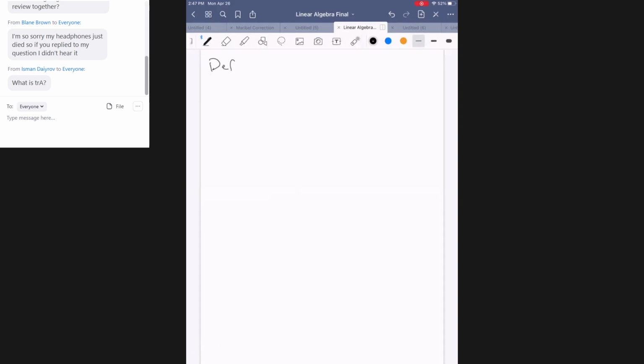Okay, so the definition, and that should be almost what it is. Let A be an n by n matrix with real values.